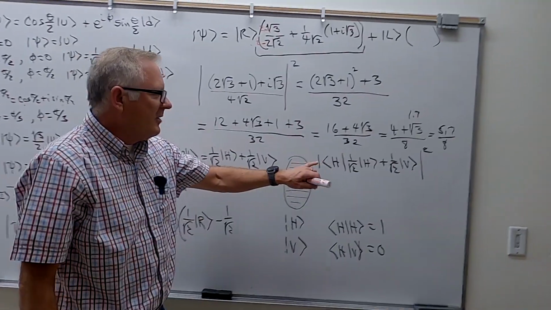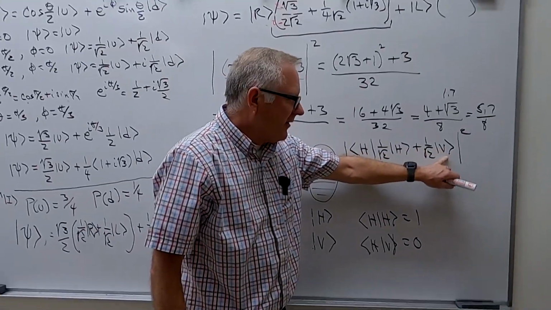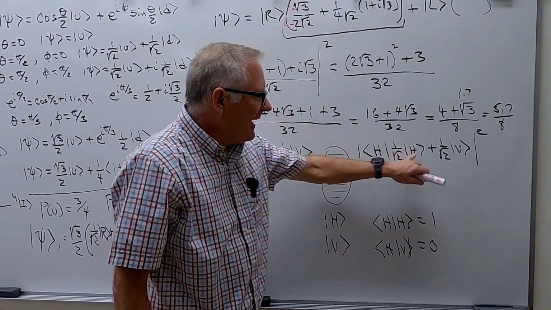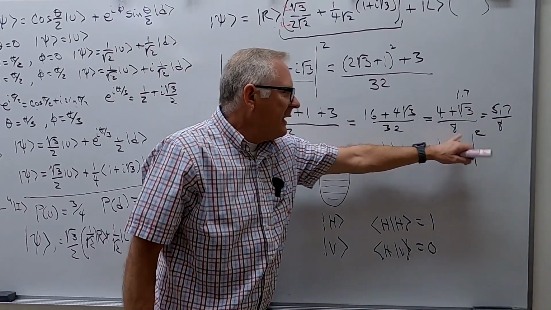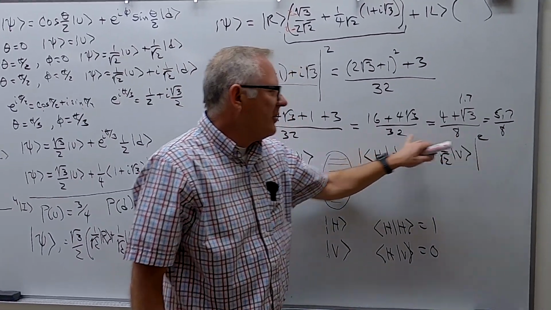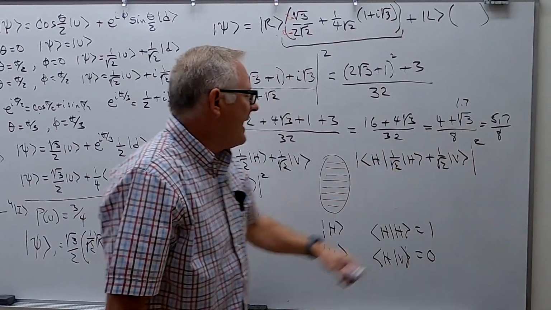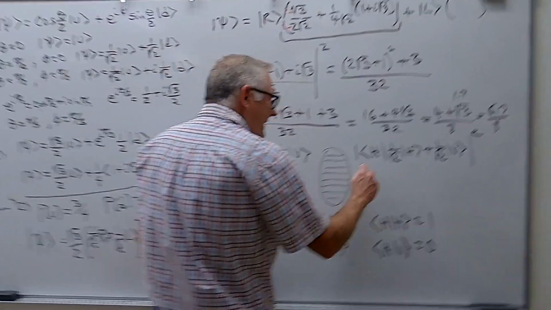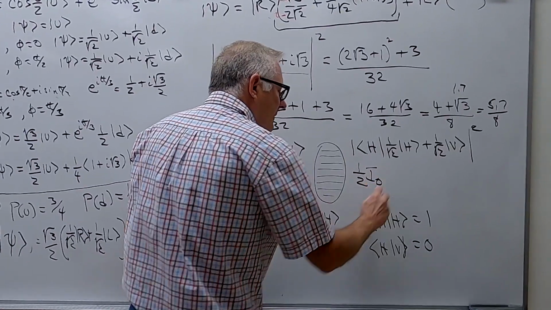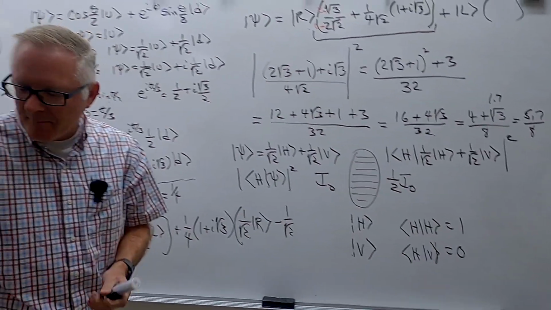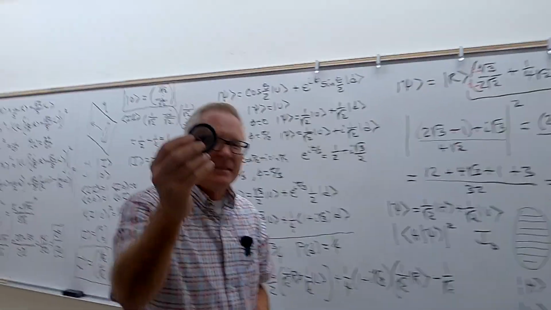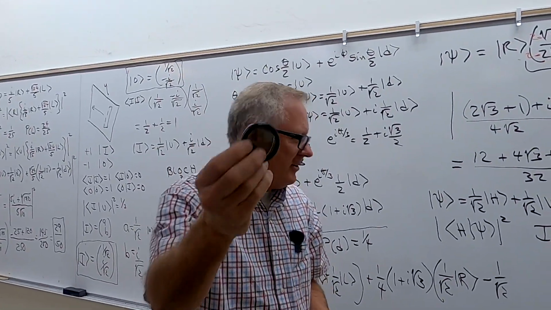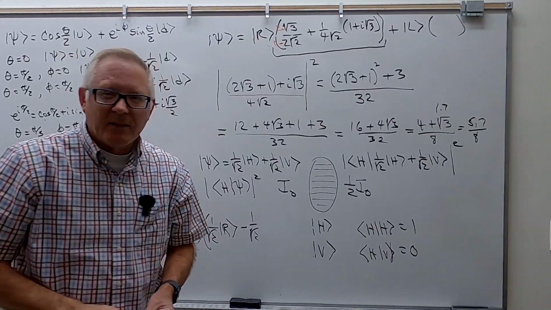We already know <H|V> is 0, <H|H> is 1. So everything in here is just 1 over the square root of 2. When you square it, you get 1/2. So if the intensity here is I naught, the intensity here is 1/2 I naught. So it cut the intensity down by a factor of 2, and that's why it looks tinted right here. That's why you can use it. Cuts down on the amount of light right there.